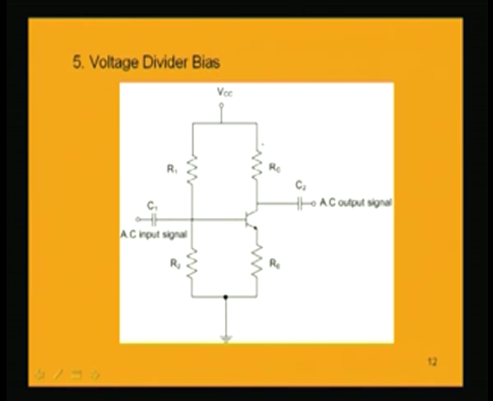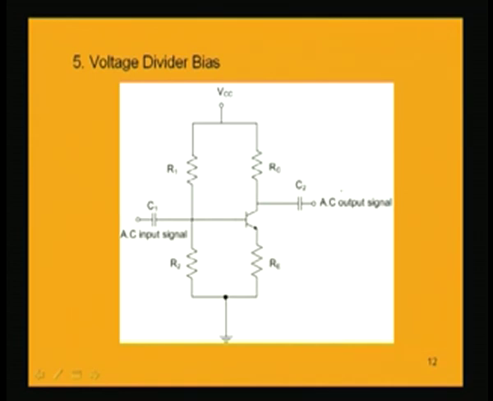Others are similar to the earlier schemes, that means RC and RE are there, but we do not have a single RB; we have R1 and R2, a potential dividing scheme, and this is the whole amplifier circuit.